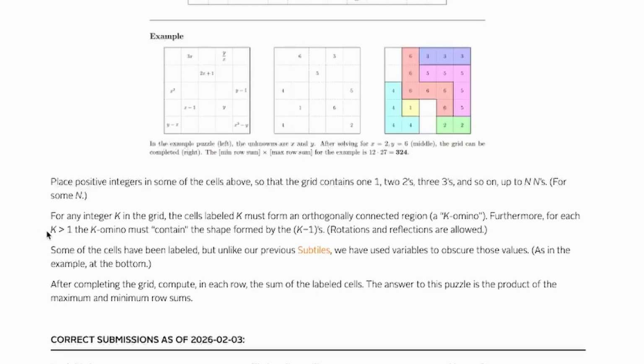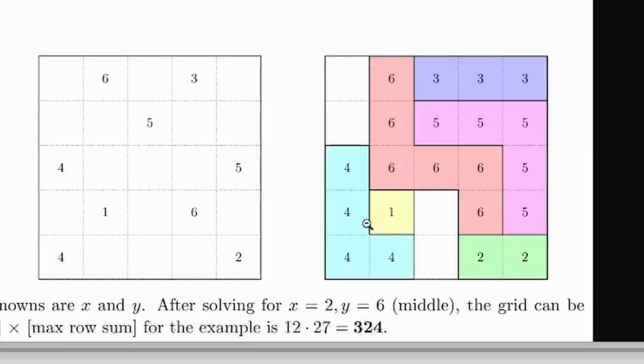Furthermore, for each k greater than 1, the k-omino must contain the shape formed by the k minus 1s. Rotations and reflections are allowed. Oh, that's tricky. So that means that the shape of the 2-omino obviously contains the shape of the 1-omino because it's just that one cell. But if we go to the 3-omino, that means that we must be able to fit the 2-omino in here somehow, which we can because it's straight.